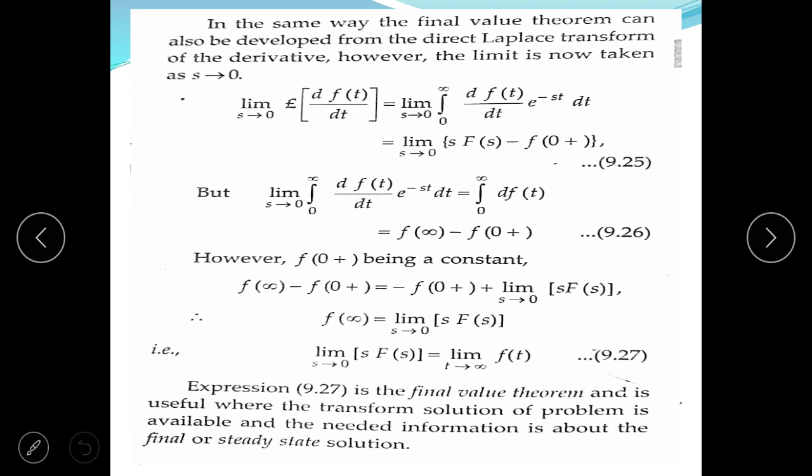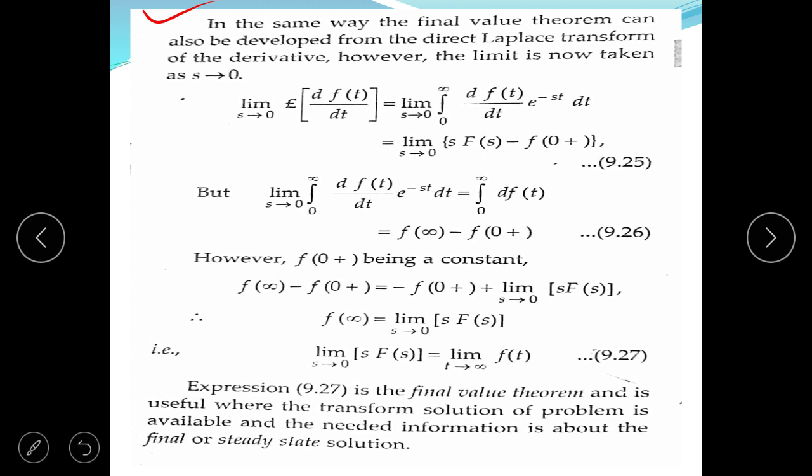Now next concept. In the same way, the final value theorem can be developed from the direct Laplace transform of the derivative. However, the limit is now taken as s tends to 0. As s tends to 0 means t tends to infinity.